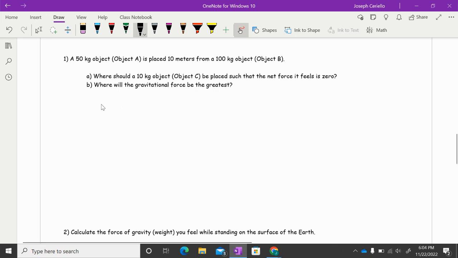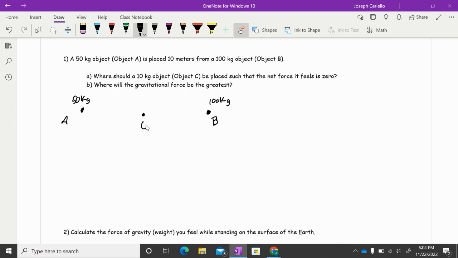So let's just sketch out a quick little picture here. I'm going to kind of answer these together, A and B. Here's object A, and here's object B. This is 100 kilograms. This is 50 kilograms. If I were to put object C directly between the two, how would the forces compare between A and C and between B and C?